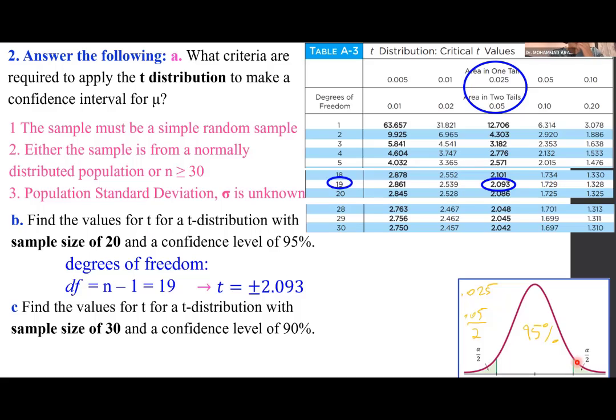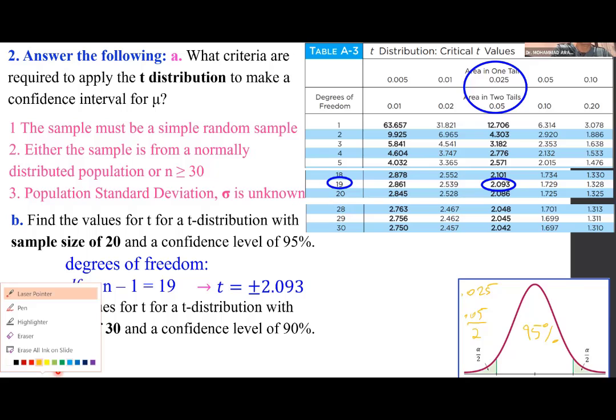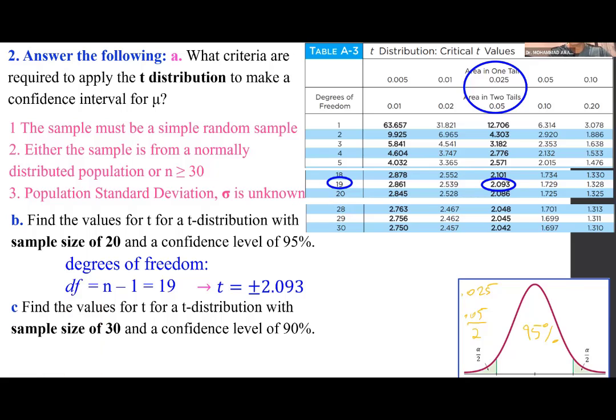Now, in the next part, the sample size is 30. That means degrees of freedom is n minus 1, or 29. Confidence level is 90%. So if we change this to 90%, then this becomes 0.1 divided by 2, or 0.05.